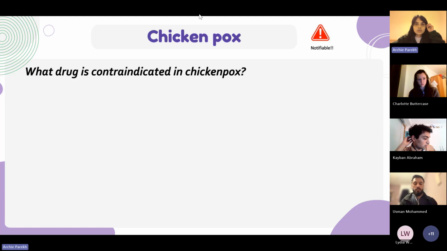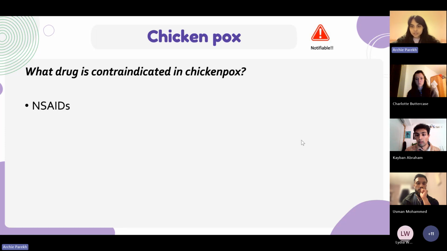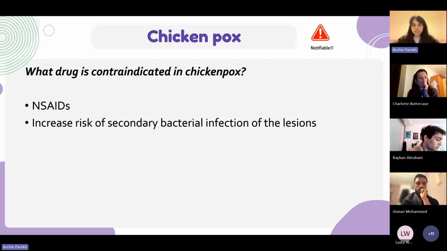Now, does anyone know what drug is contraindicated in chickenpox? I know this is a very vague question because so many drugs can be contraindicated. What's like a very famous drug that basically everyone has all the time, which you can't have if you have chickenpox? Yeah. So NSAIDs, like you guys mentioned aspirin, they are contraindicated in chickenpox because they increase the risk of a secondary bacterial infection.